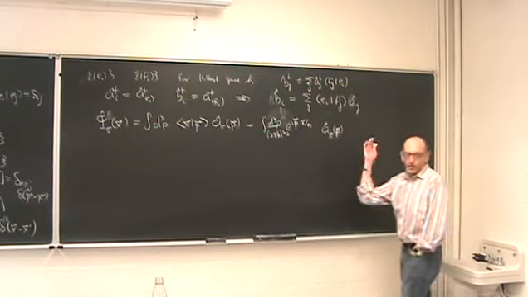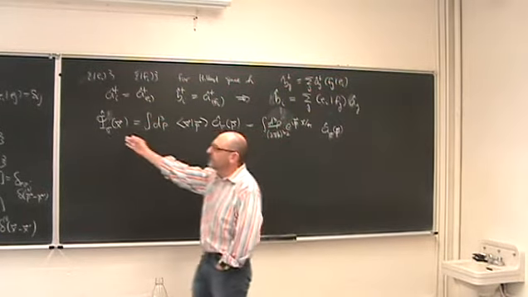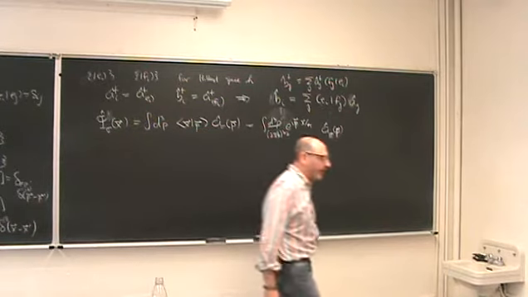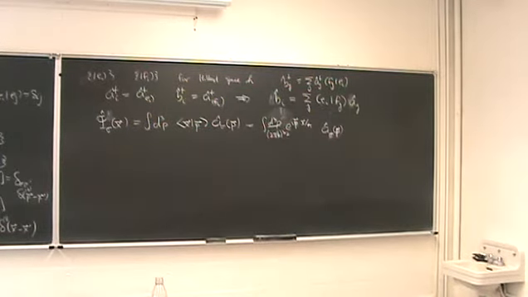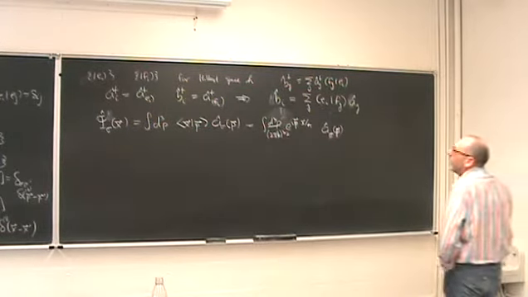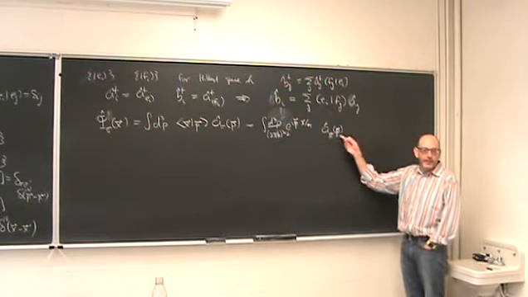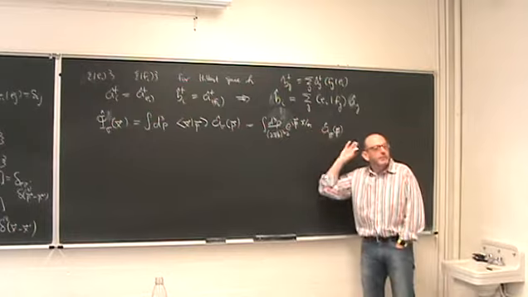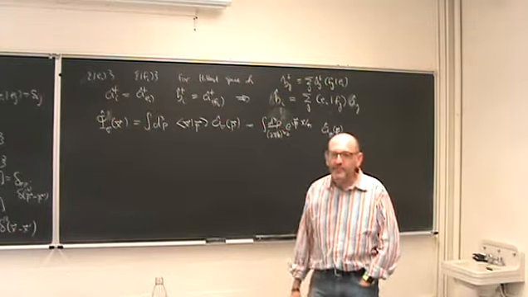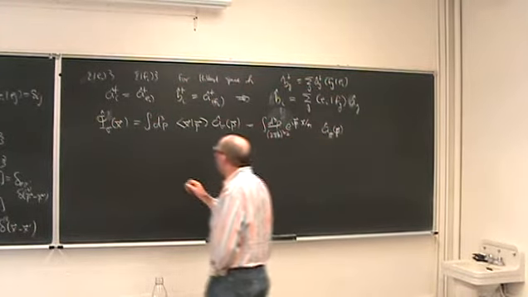So this is the representation of the field operator at position x in terms of the creation operator, in this case annihilation operators, for momentum p. And this is a form we see all the time. I can do other kinds of things.